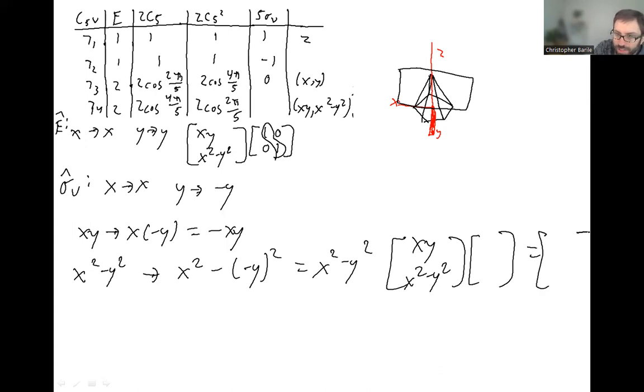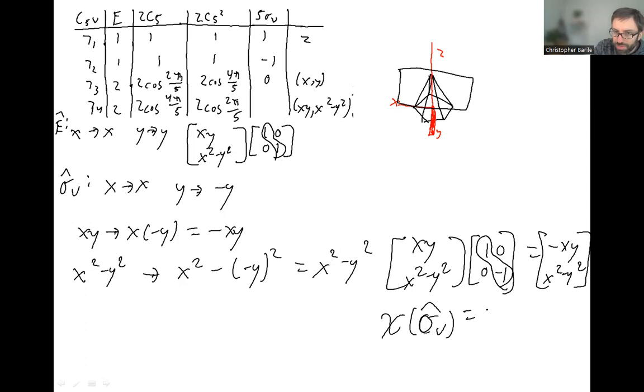Goes to, and I like this one a lot more than the crazy cosines, what 2 by 2 matrix takes us to negative xy and x squared minus y squared? Well, that's just 1, 0, 0, negative 1. Then we take the sum of the diagonals to get the character. And so our character for sigma v here is just going to be 1 plus negative 1, which is 0. So we get a 0 here.